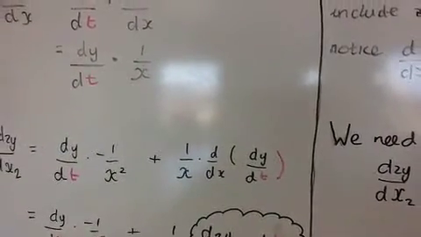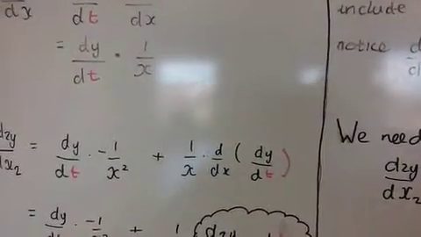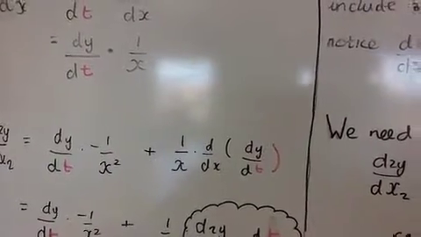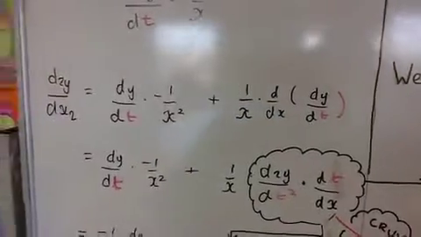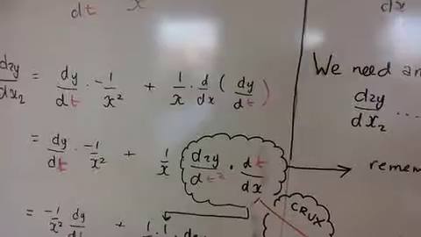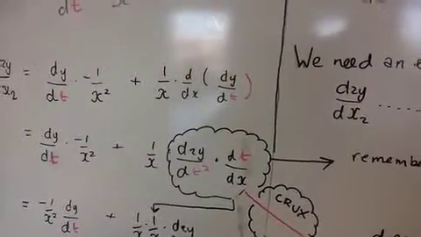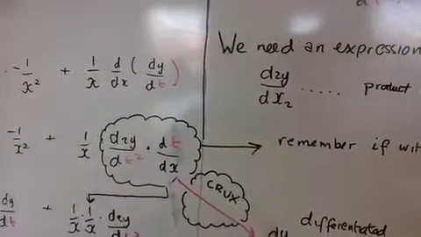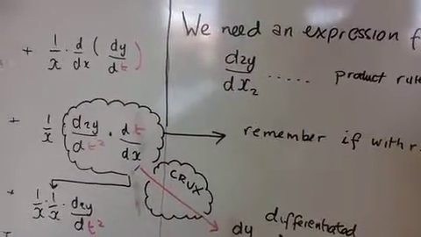Now here is the crux of the problem. What do I get when I differentiate dy/dt with respect to x? Well, this means we have to take dy/dt, differentiate it, and remember we're differentiating with respect to x, so we need to glue on dt/dx.